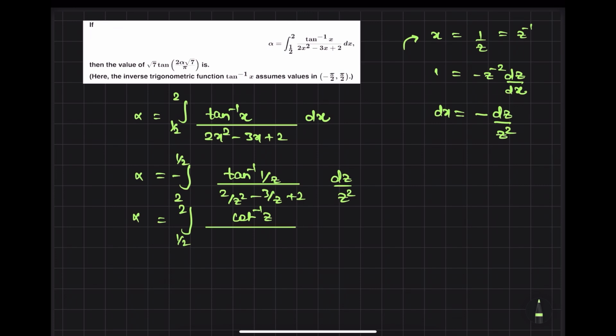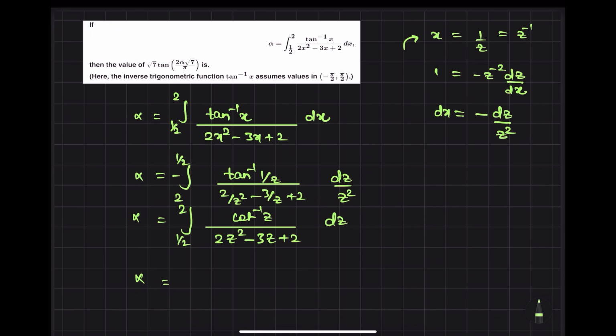If you take LCM, the denominator will become z square, and also we have z square here, so this thing will be neutralized. So let's focus on the denominator. It is 2z square minus 3z plus 2 dz. Now suppose that you wish to just replace the variable z.